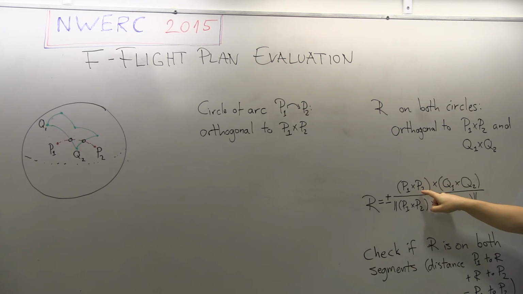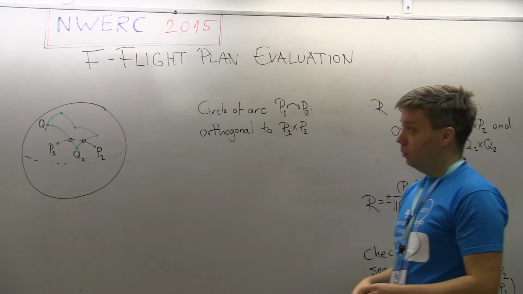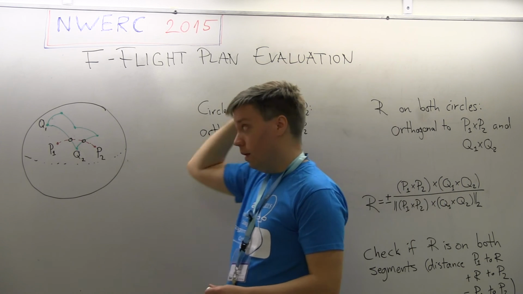So it's (P1 cross P2) cross (Q1 cross Q2). And plus minus, and then you have to normalize by the length of this thing to get the unit vector. And then it's either that or the negation of that. So then you get two basically possibilities for the intersection point between these two line segments.